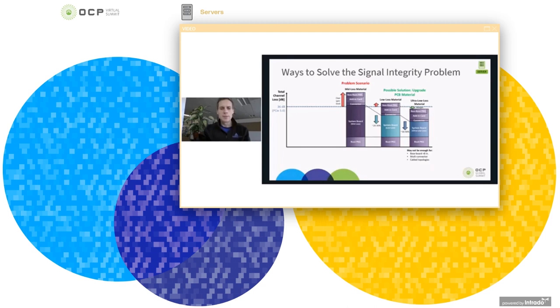Many discussions in PCI-SIG and other forums talk about materials called low loss and ultra low loss materials. These aren't very well defined, but in general, you can see about a 20 to 30% improvement in loss on the system board itself for low loss material, and maybe an additional 30 to 40% improvement for ultra low loss material.